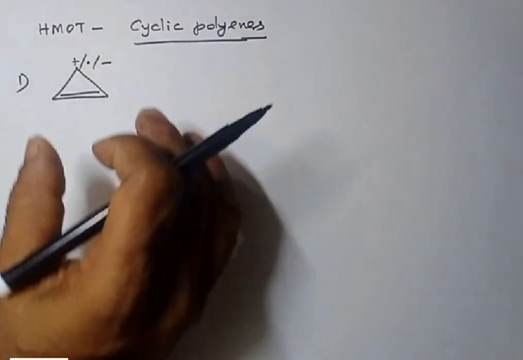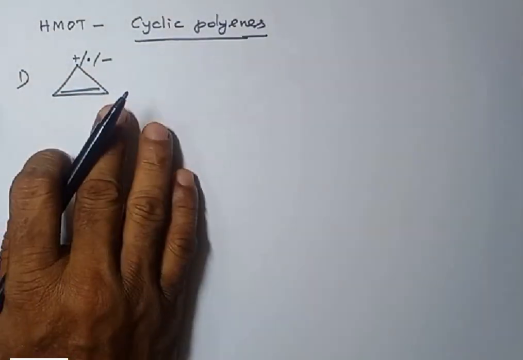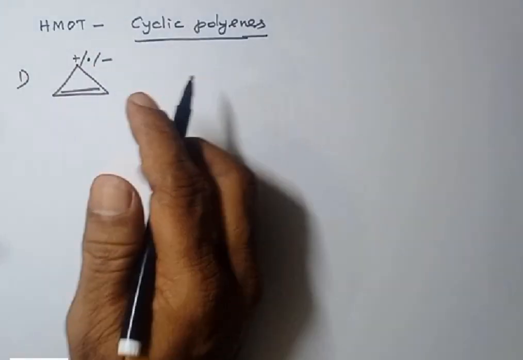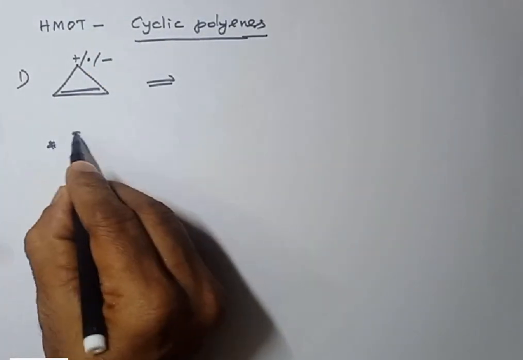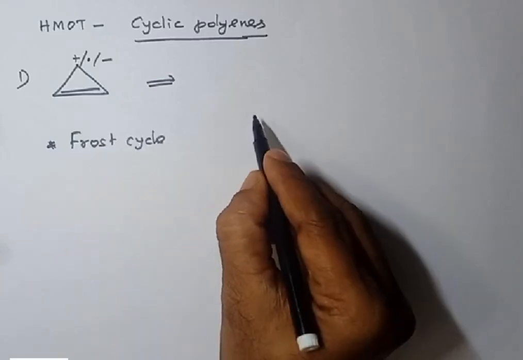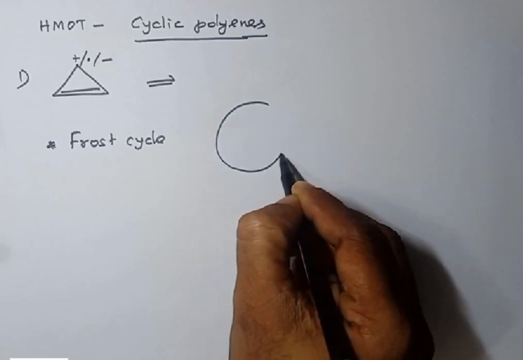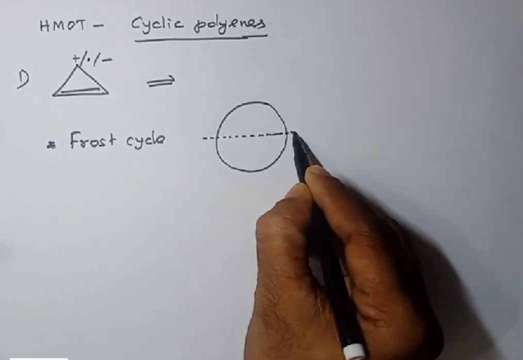Now, if a system is given like this, what should we do? The first step is to draw the corresponding Frost cycle. What is a Frost cycle? Draw a circle and place a line at the center.